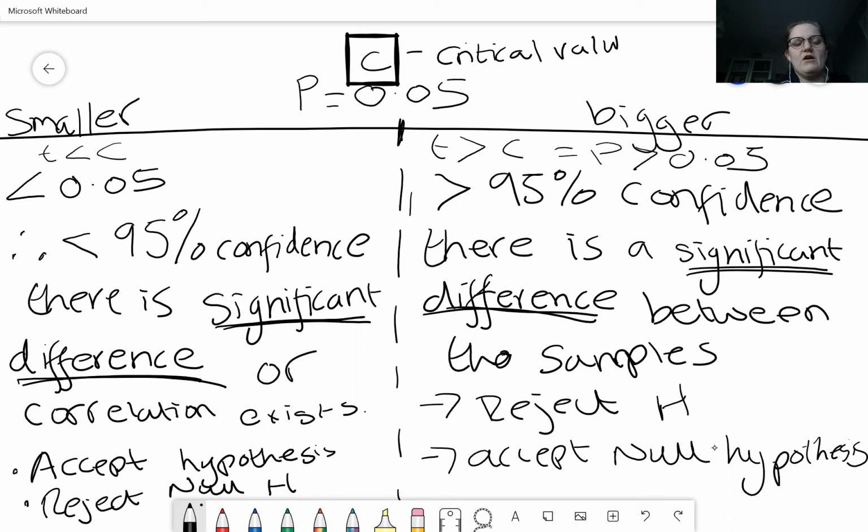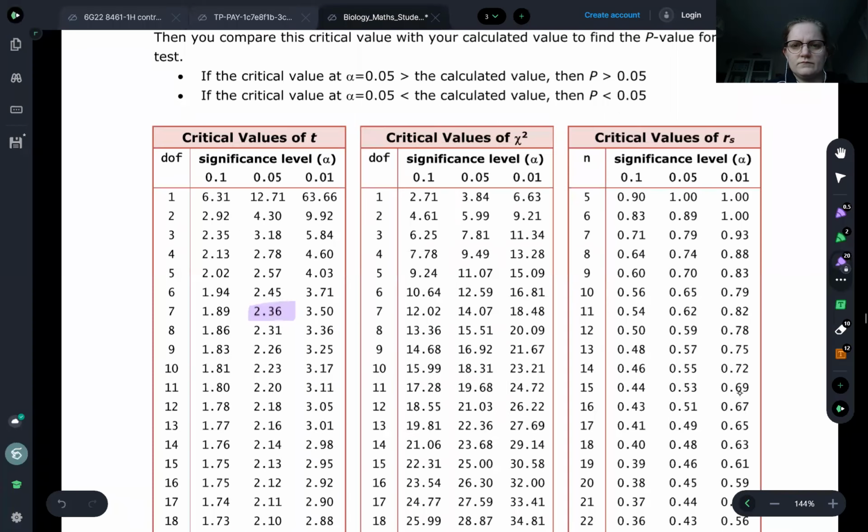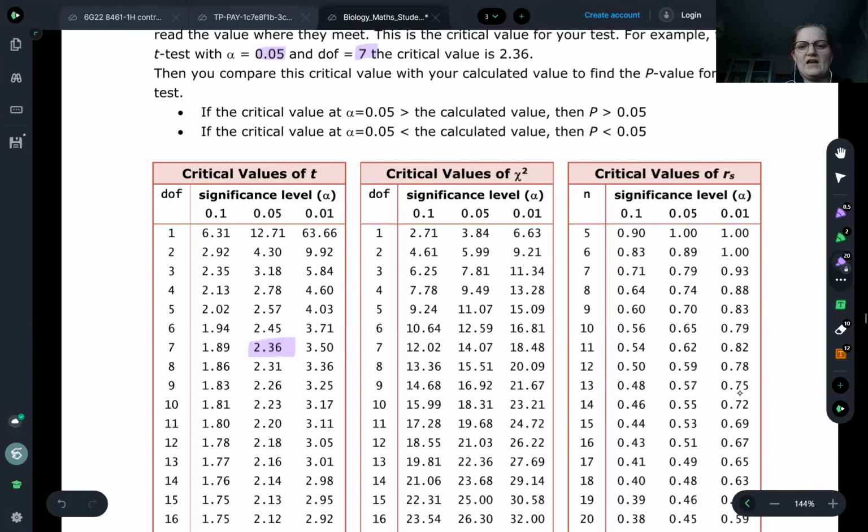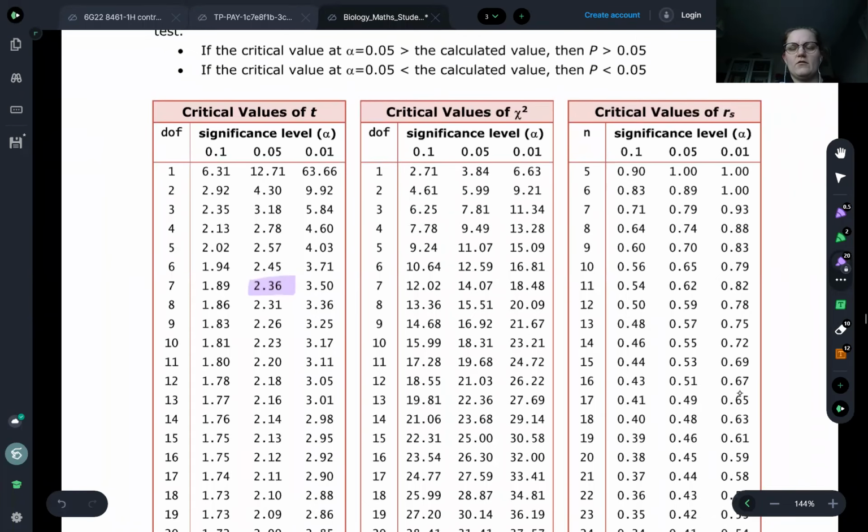If your t-value is less than your critical value, that will mean your p-value is greater than 0.05. And that's roughly how it works. Let's go back. And you do the same thing if you're doing chi-squared or Spearman's rank, but you'll be given these tables if you need them.